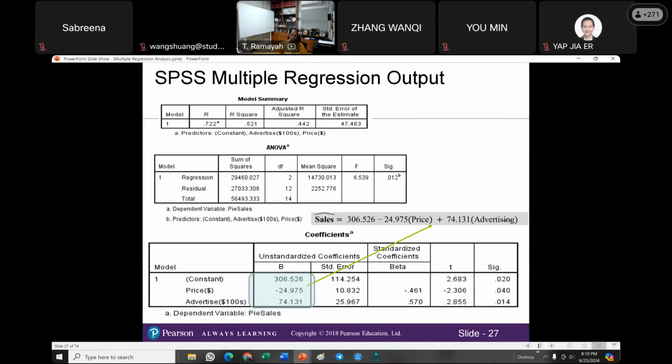This is an example we discussed with two independent variables. You have now three independent variables. Look at the table. This is the table you need to look at. Quickly look at the output and write the regression equation.